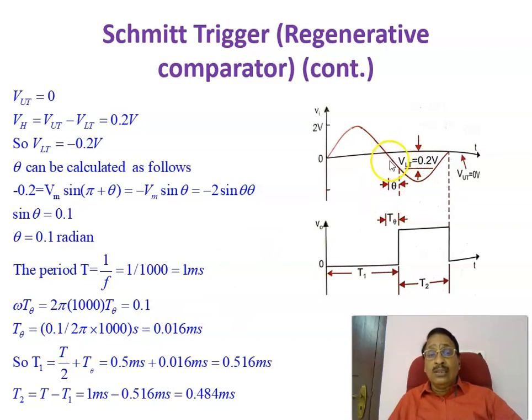From here to this point the time period is 0.016 milliseconds, and this time period T by 2 is 0.5 millisecond, plus this one, which gives 0.516 milliseconds. So T1 is given by T by 2 plus t theta, which is 0.516 milliseconds, and the remaining period T2 is given by the total time period T minus T1, which is 0.48 milliseconds.